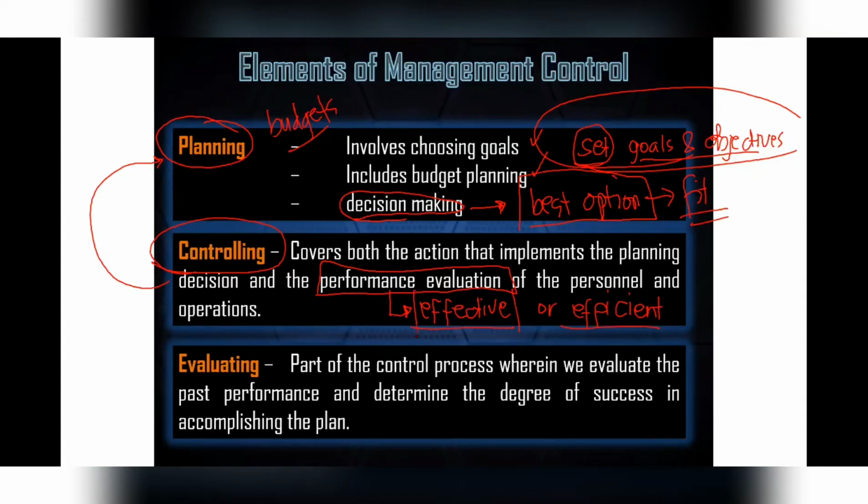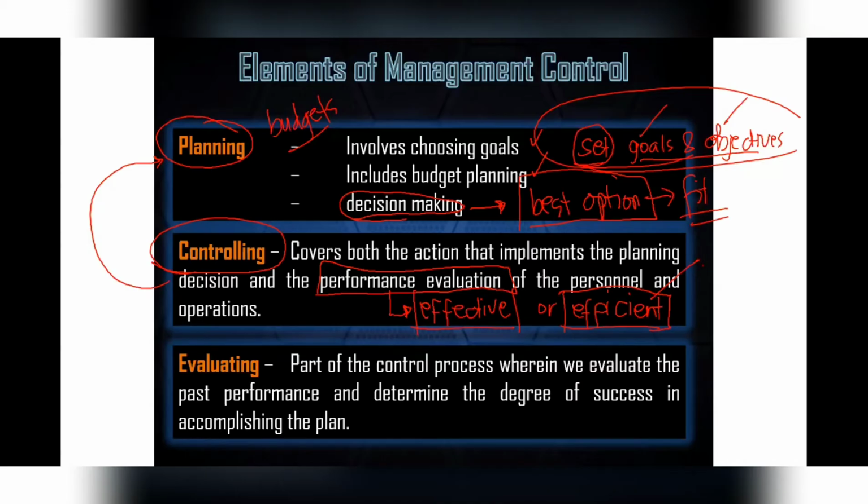Pag sinabi mong effective, basta na-achieve mo yung goal mo at objective mo, regardless on how you were able to do that, you are effective kasi nagawa mo yung objective mo. But if you are efficient, and this is what we want to happen, we are able to achieve our goals and objectives with the least possible cost. Or in other words, we were able to maximize our resources sa pag-achieve ng ating goals and objectives.